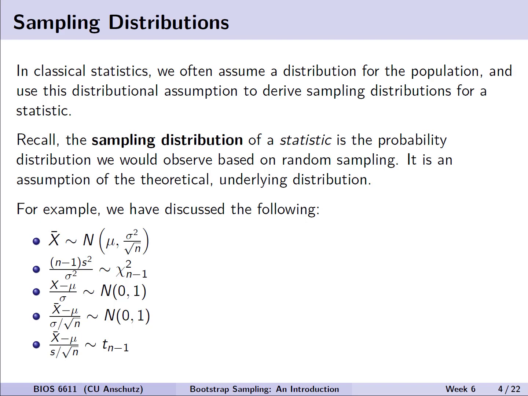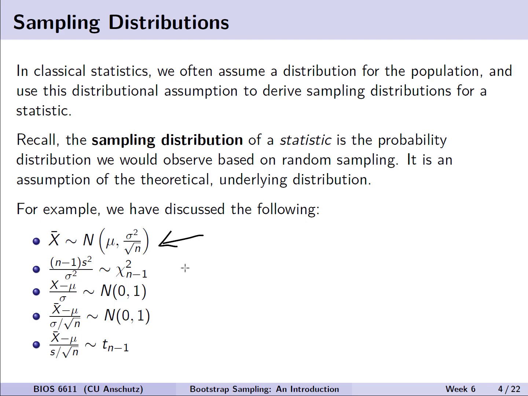For example, we've already seen in the class a couple different cases of this. We see, for example, that we have the sample mean, which is normally distributed with mean mu and variance sigma squared over n. We can also note this is exact if we assume that X is sampled from a normal distribution or approximate via the central limit theorem.